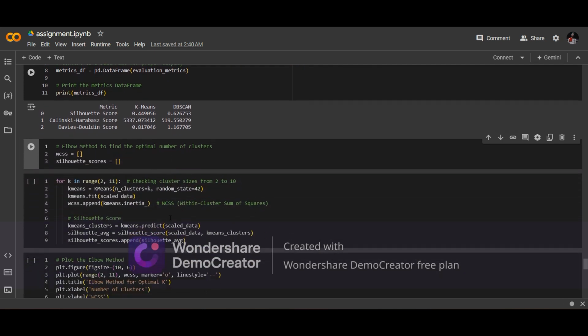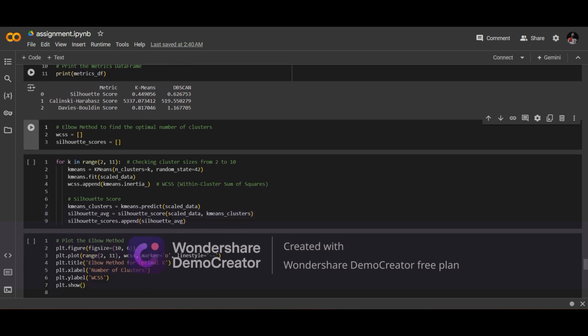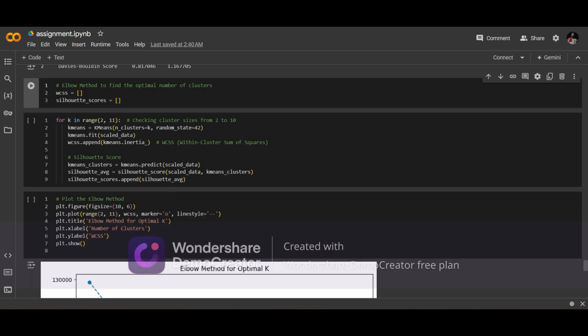And to find the optimal number of clusters, there are two methods: WCSS, within-cluster sum of squares, and silhouette score. These help us know what the number of clusters in the data points should be.